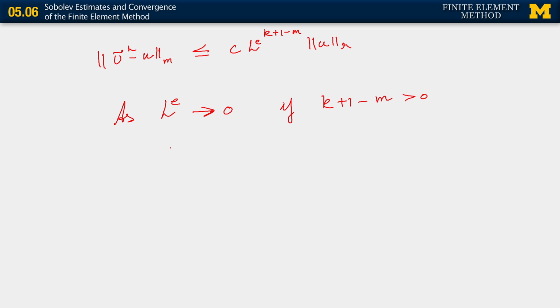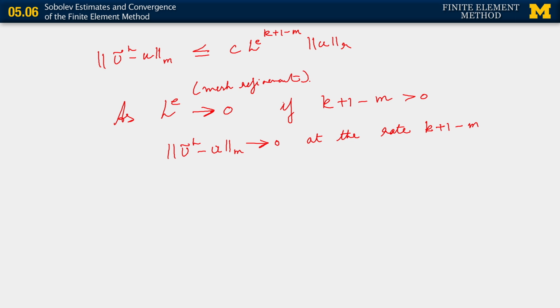So it tells us that any m norm that we want to compute of the interpolation error also tends to 0 at the rate k plus 1 minus m. Okay, so as we refine the mesh, as we make h_e smaller, right? Remember, h_e going to 0 means we are looking at mesh refinement. We are going to smaller and smaller elements.